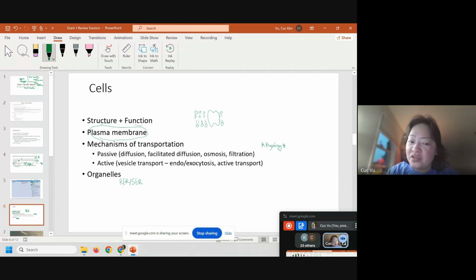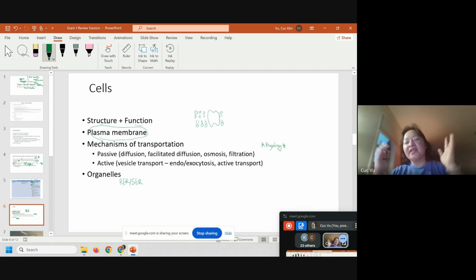So the function of the rough endoplasmic reticulum is to transport cellular material. That's why it has ribosomes, because once it makes the protein, it's going to move through the rough ER. So it's a network of channels that helps to transport things through.